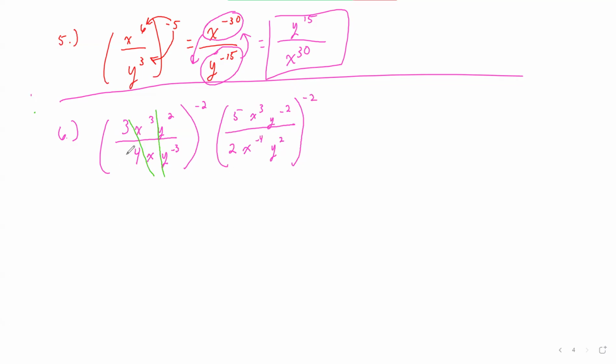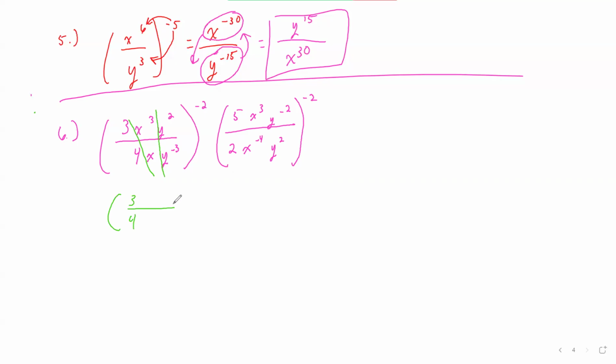So 3/4. How would I simplify 3/4? You could convert it to a decimal if you like. I think it's going to be easier to keep it as a fraction for your homework purposes. But coefficients, I don't subtract. I actually divide them. But 3/4 can't do anything. So it's actually going to stay 3/4.